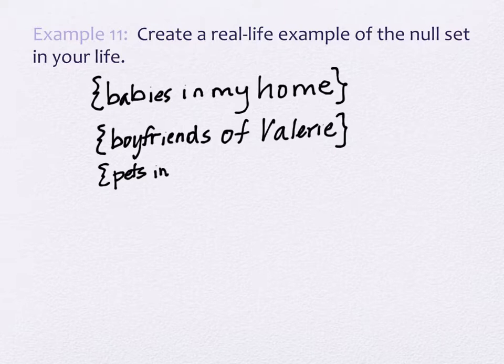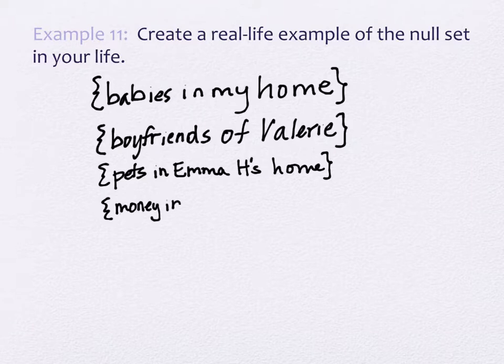So these are pets in Emma H's home. We have to clarify Emma's home because I have pets in my home, so this would not be a null set for my life. Let's do one more. Money in my wallet. Money in Devin's wallet. Fabulous. Again, probably not true for everybody in the room, so we need to make sure we talk about Devin in the description.